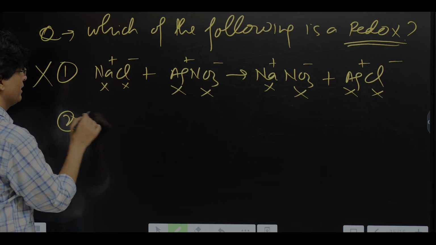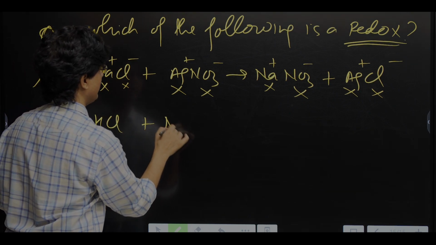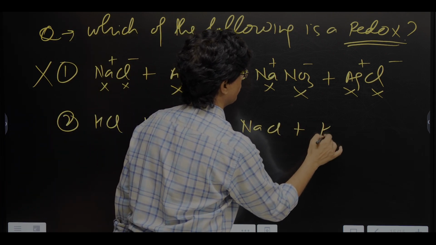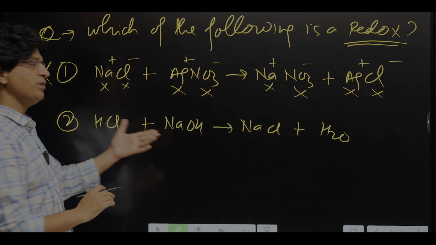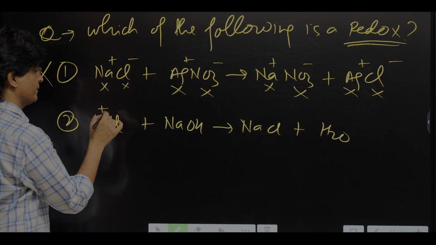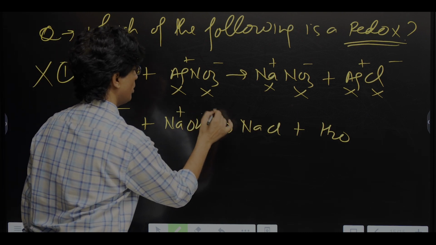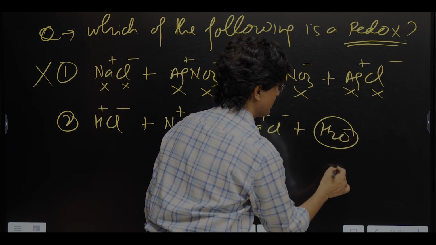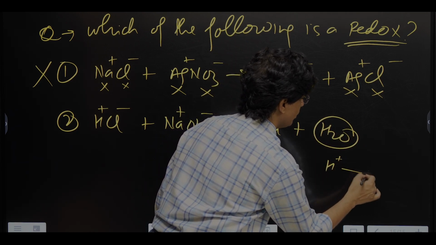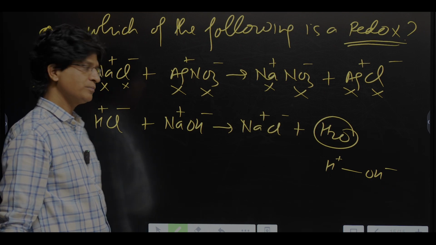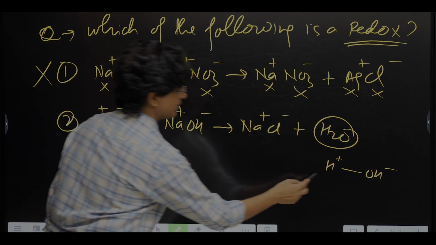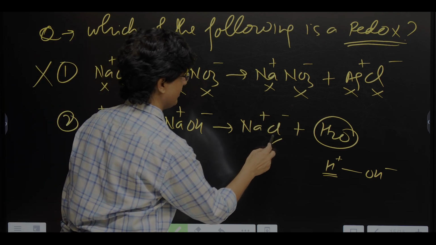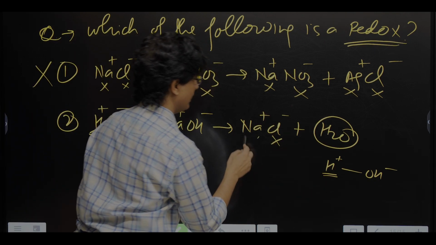Come on, second one, HCl plus NaOH will give you NaCl and H2O. Is this a case of redox? Let's check it out. H plus Cl minus, Na plus OH minus, Na plus Cl minus, and this H2O is nothing but H plus and OH minus. H plus is H plus, no change whatsoever. Cl negative, Cl negative. Na plus, Na plus.